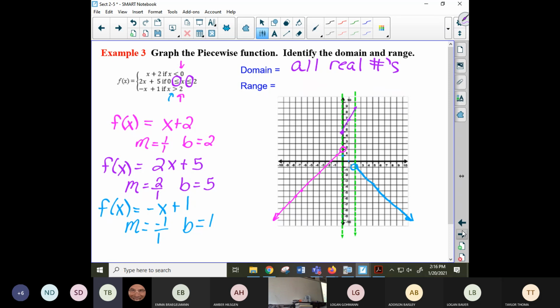Do you guys get, if I look at this pink line, that covers all y's below positive 2, right? And that covers this line too. So that would be f of x is less than, not equal to, because this is open, less than 2. Do you get that?